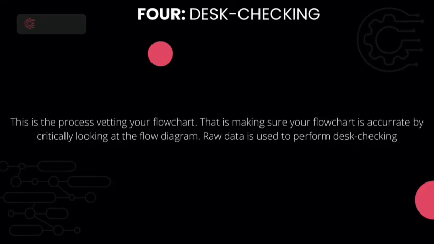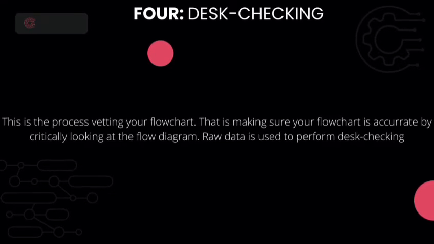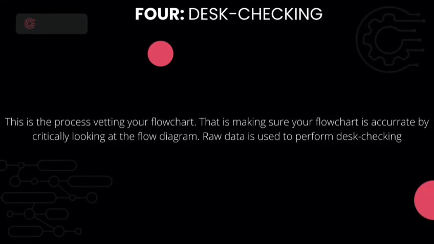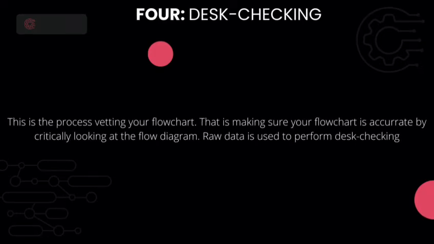Next, on the stages, we have desk checking. Under desk checking, it's a process of you vetting your flowchart. Have you written your flowchart and you want to confirm if the flowchart is correct or wrong? You vet it. How do you vet? You put in real values.